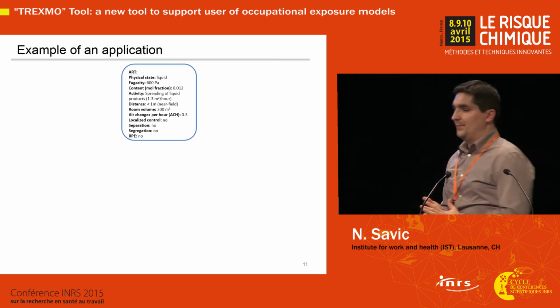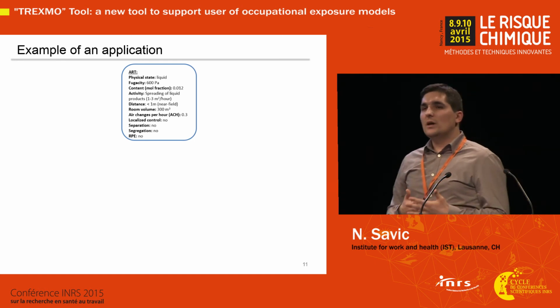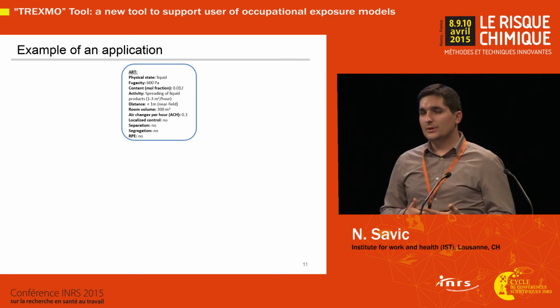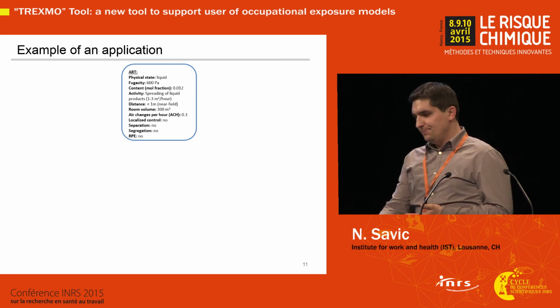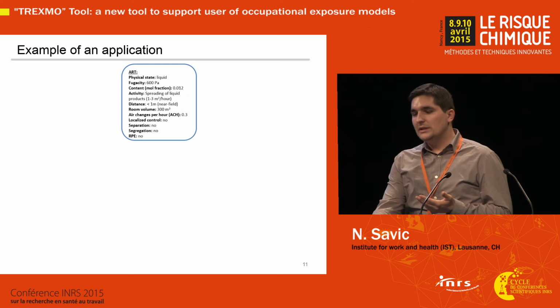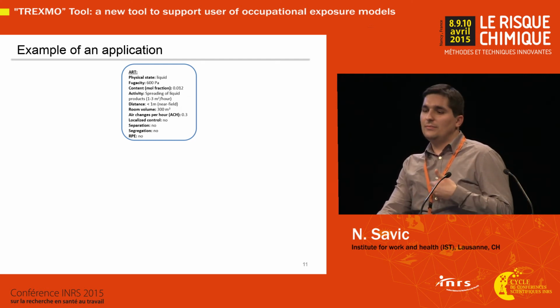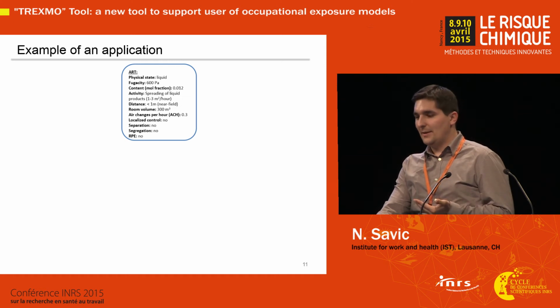Here's the real example. We took one exposure scenario report and coded that report in RT, and we needed to make 11 decisions in RT.